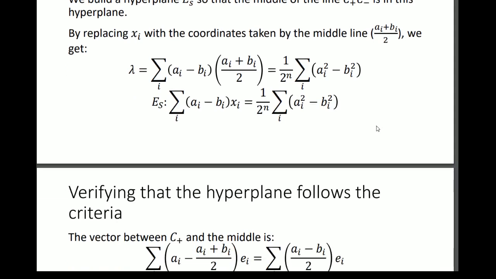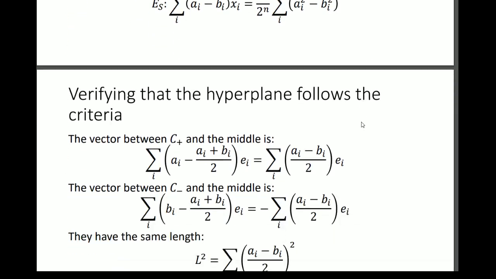Now we want to verify that it follows the maximum margin criteria. So we calculate the vector between C plus and the middle of C plus and C minus. It's equal to A minus (ai plus bi) over 2. So you simplify, you get this.